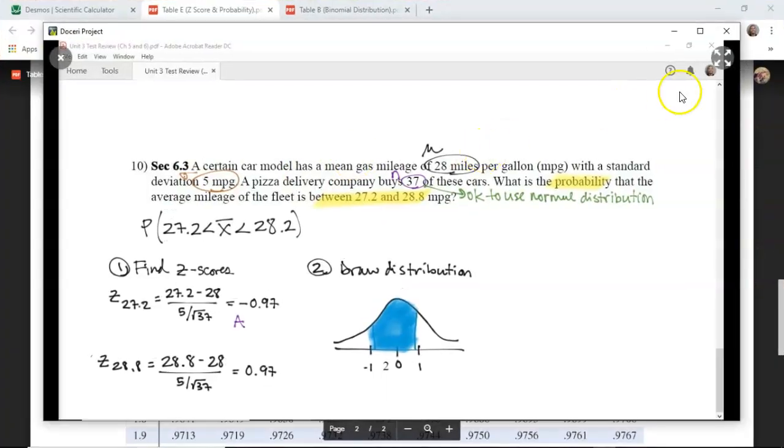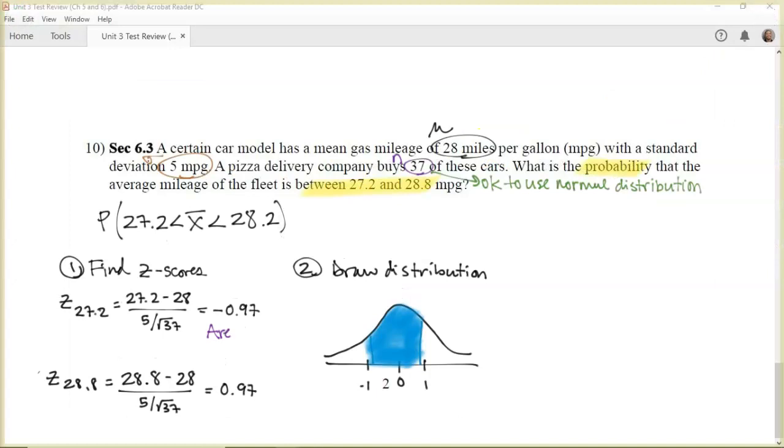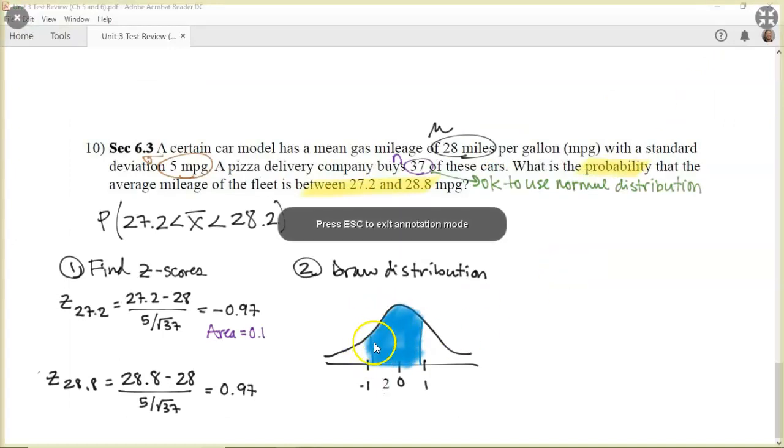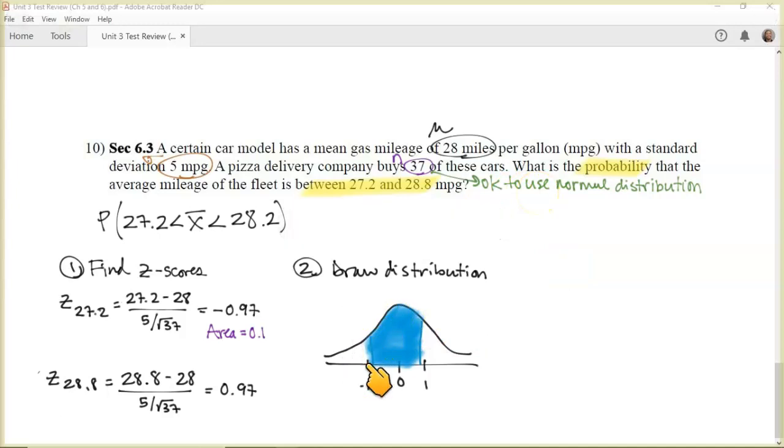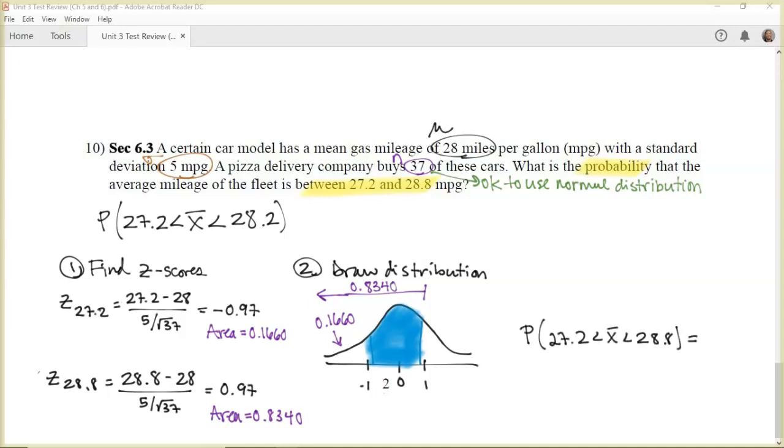When we go back to our problem, the area to the left of the negative z-score is 0.1660, so about 17%, and the area to the left of the other side is 0.8340, and that includes the white and the blue. When we want the probability, we only want the blue space, so we subtract those two numbers from each other: 0.8340 minus 0.1660. The answer we get is very close to 68%, 0.67 in fact, or 67%.